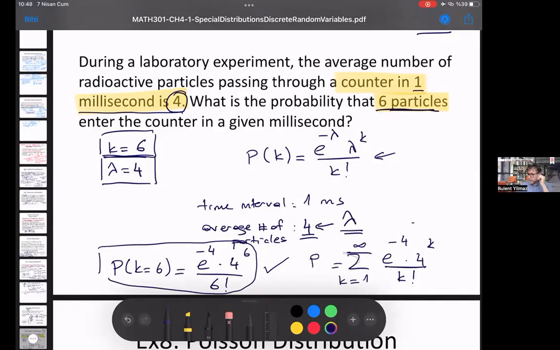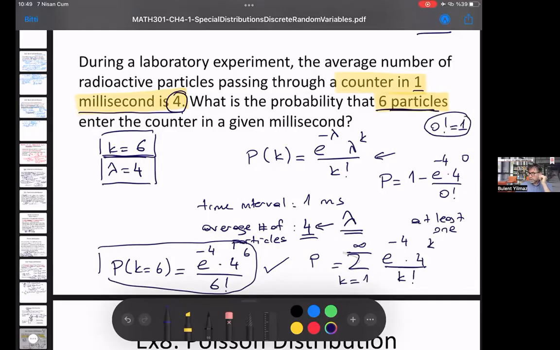At least 1 particle. Or there is another way of doing this. Probability is 1 minus obtaining no particles. E to the power minus 4 times 4 to the power 0 divided by 0 factorial. 0 factorial is 1.